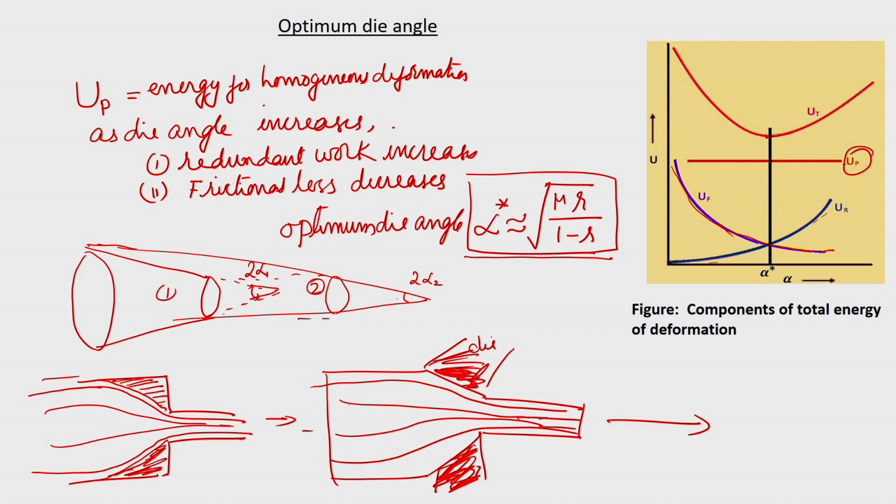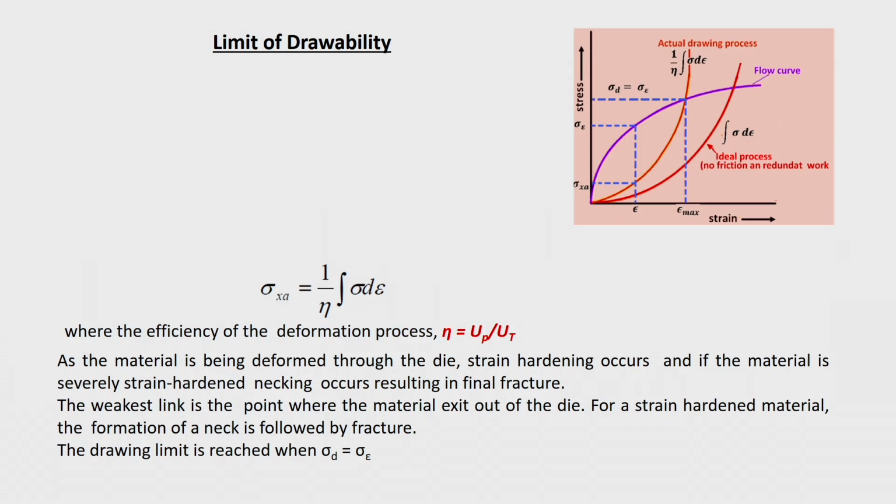That is the biggest advantage. It only depends upon the frictional condition mu and the reduction. So, it is not dependent upon the material. This is from the literature. So, with this you can have a first-hand estimate of the die angle.